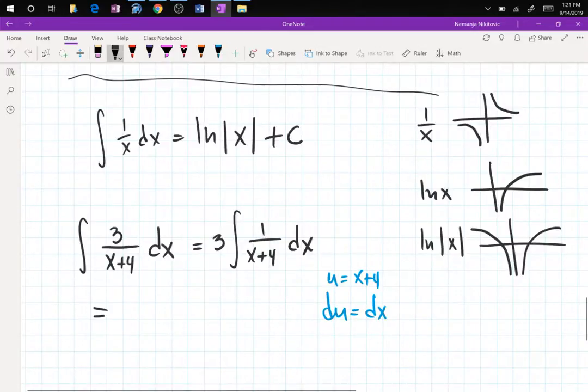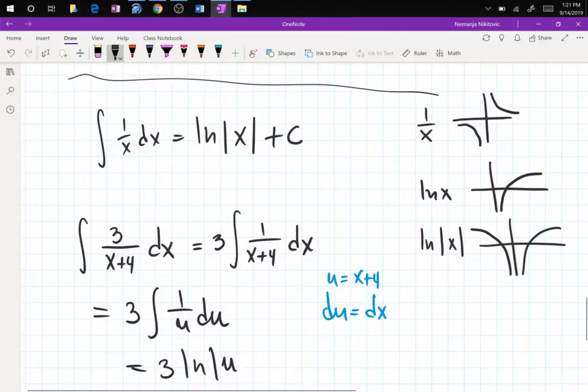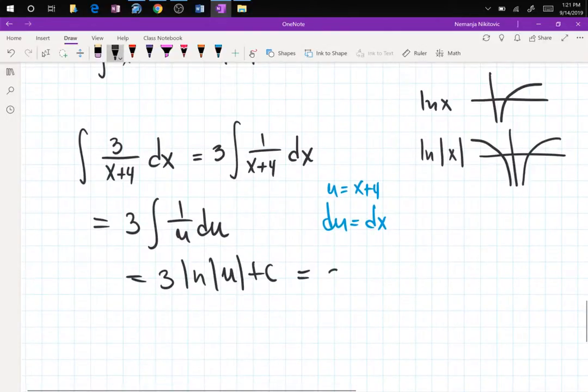When you plug everything in, you get 3 integral 1 over u du. And you know that that's 3 ln absolute u plus c, which is 3 ln of absolute x plus 4 plus c. Absolute values are not optional.